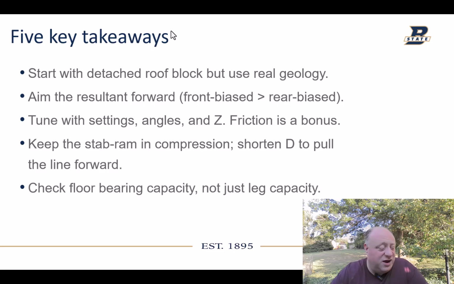We also have equations that relate to the floor bearing capacity, and you can calculate what the floor is capable of supporting, and whether or not you need a shield that has a larger footprint. So those are the five key takeaways beyond the detached roof block model and how to do that.